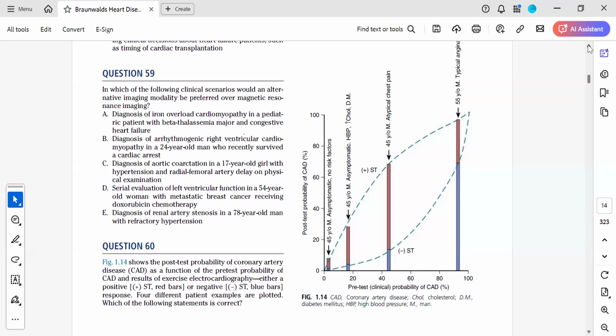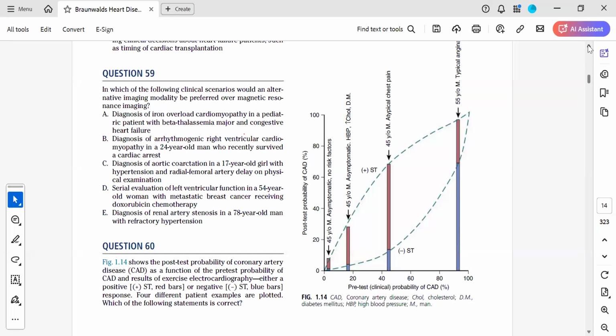It does not need ionizing radiation, unlike CT and chest X-ray, and it also doesn't need iodinated contrast. It is well suited for identification of congenital heart lesions, cardiac tumors, assessing myocardial infarction and viability, and characterization of cardiomyopathies.